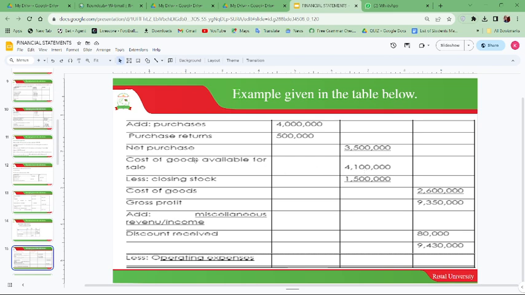Then you less the closing stock. The closing stock was given to us in the additional information, which is 1,500,000.